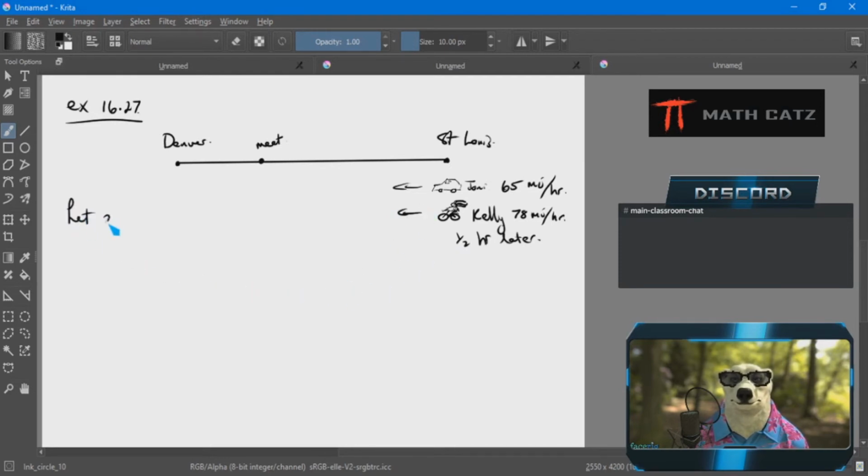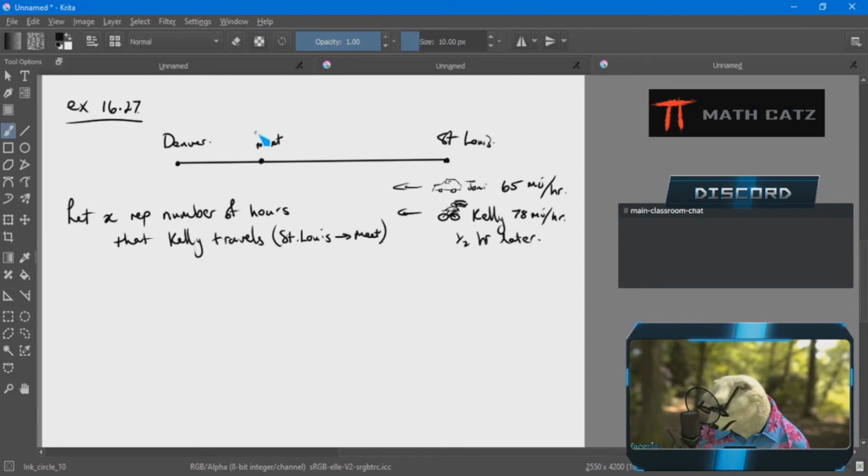So let's say x is going to represent the number of hours that Kelly travels from the starting point to the meeting point. That's where she catches up, the meeting point, the catching point, whatever you want to call it.